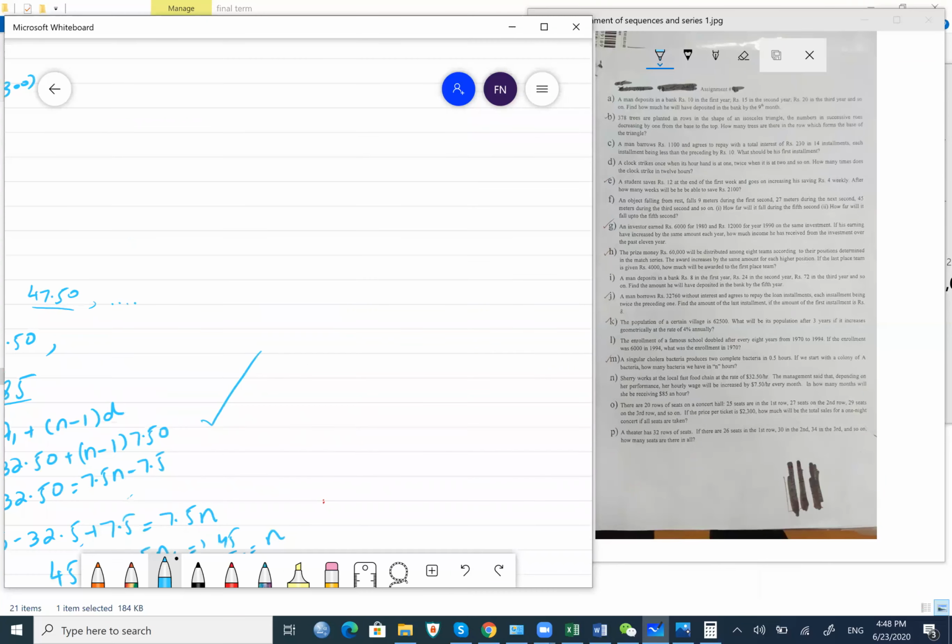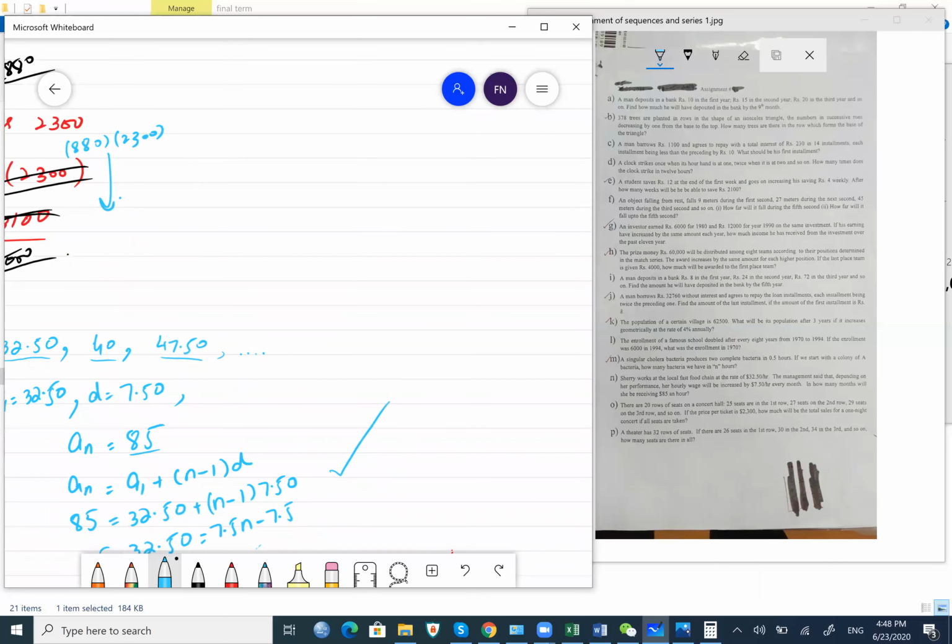Okay, so here, number G. An investor earned Rs 6,000 for 1980 and Rs 12,000 for... wait. And a man borrows 32,760. Can you see my screen right here?